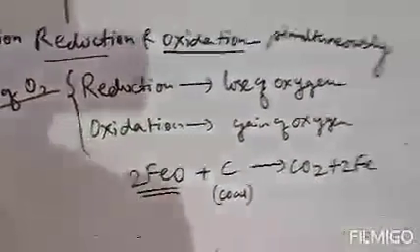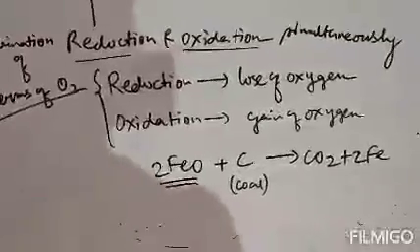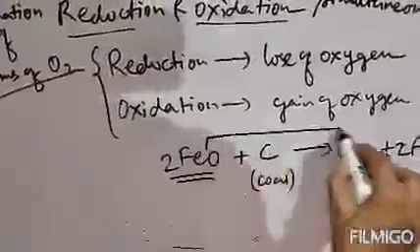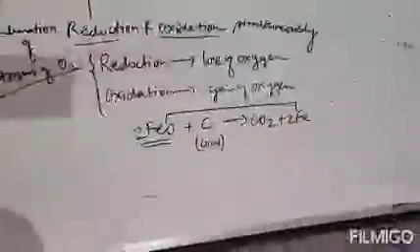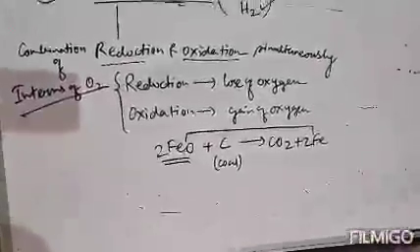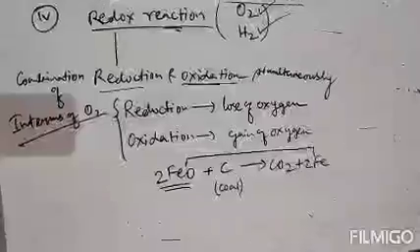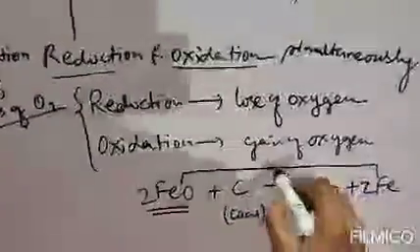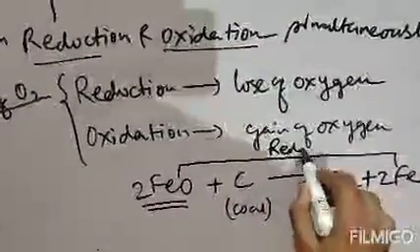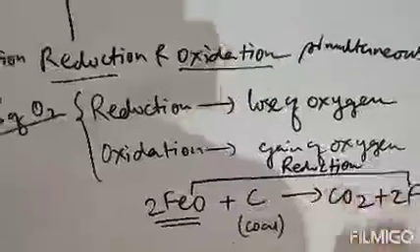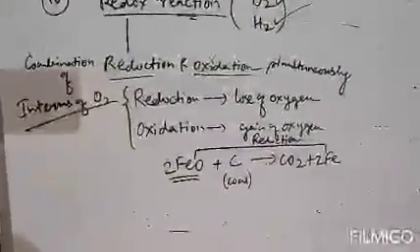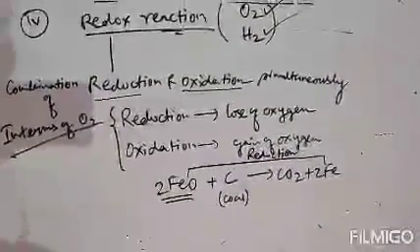It is ferrous oxide, that is iron oxide. This 2FeO loses oxygen and forms 2Fe in the product, and loss of oxygen means reduction. So it is your reduction. That means iron oxide is reduced to iron.